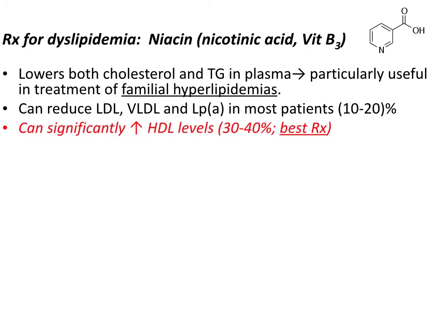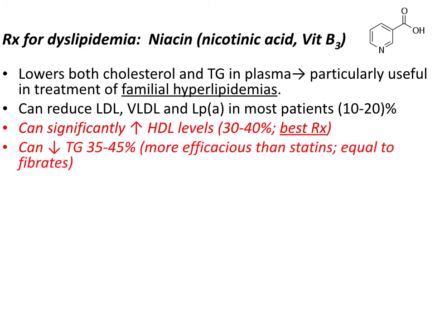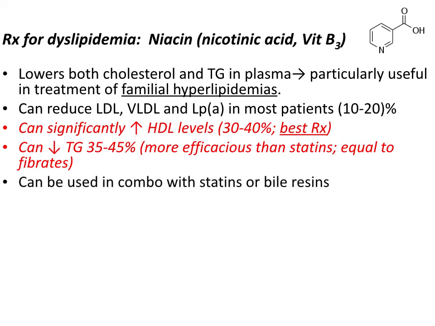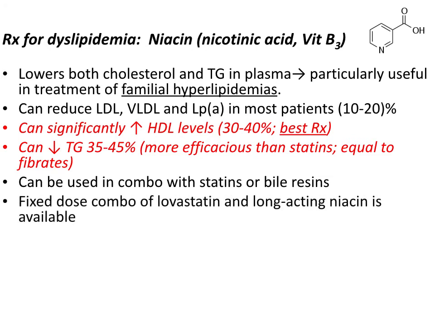It is the best therapy we have for increasing HDL, 30 to 40%. A lot of folks have low HDL, and we remember HDL is cardioprotective, so that's a good thing. It can reduce triglycerides 35 to 45%, much better than statins. So if elevated triglycerides is a problem, this is a better therapy. It can be used in combination with statins and other things. There is a fixed dose combo of lovastatin and long-acting niacin.